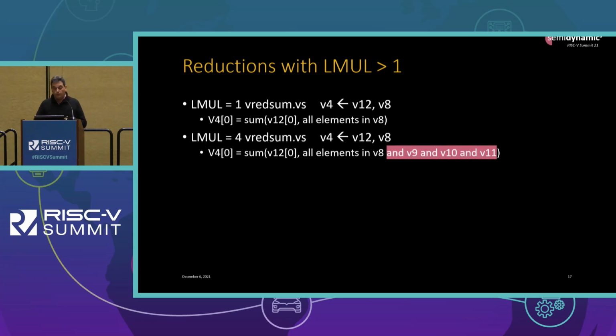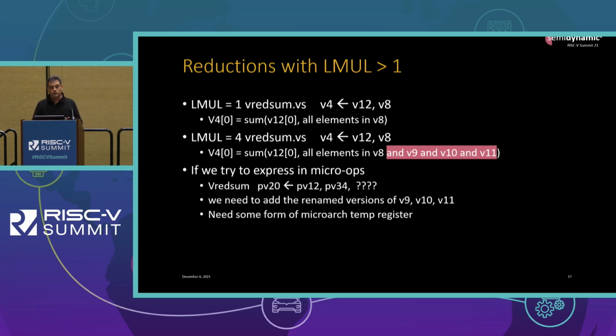In Elmol 4, unfortunately, now you want to add all the numbers in V8, V9, V10, and V11, which makes it a little bit more difficult to break into UOPs. Not impossible, just a little more difficult. You'll either have to express that as some weird instruction that has not 1 or 2 sources, but 6 or 10 sources, which is annoying, or you'll have to have a temporary microarchitectural register or something like that, and then deal with the complication that you cannot take interrupts in the middle of doing that.